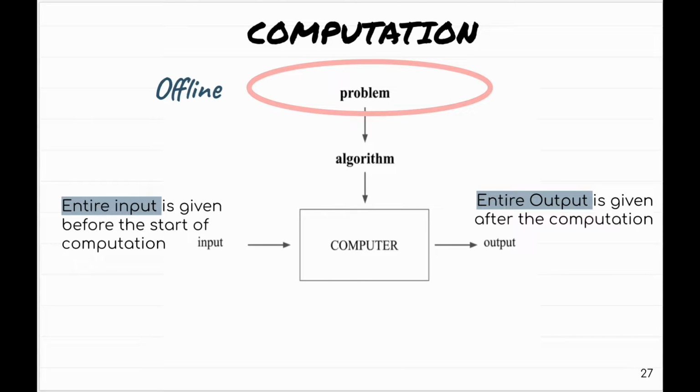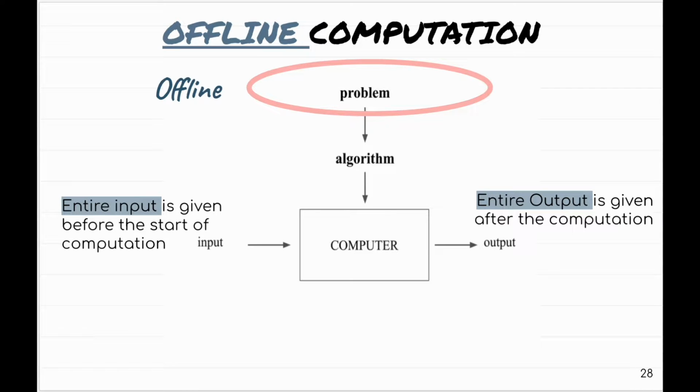So far, our problems like search, sorting, traveling salesman problem, and so on, are called offline problems. And the model is offline computation because of the restriction that the entire input is given and we have the entire output after the algorithm runs.